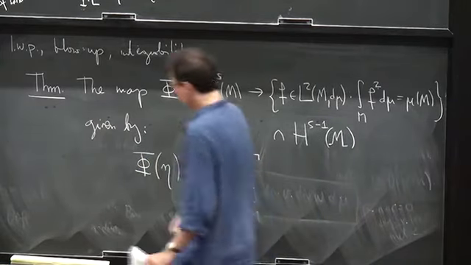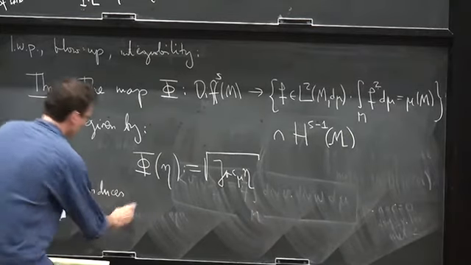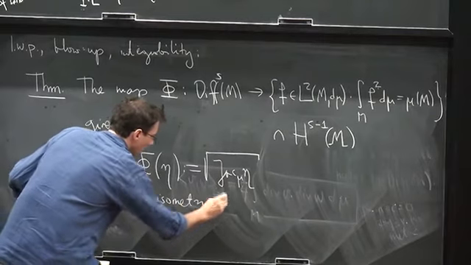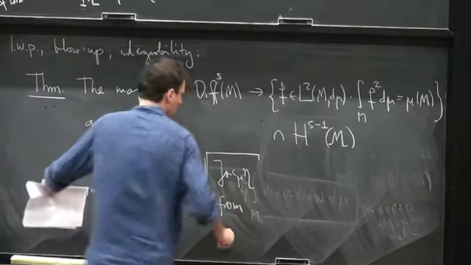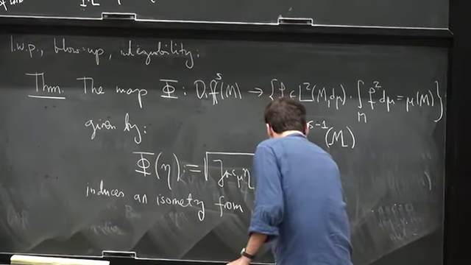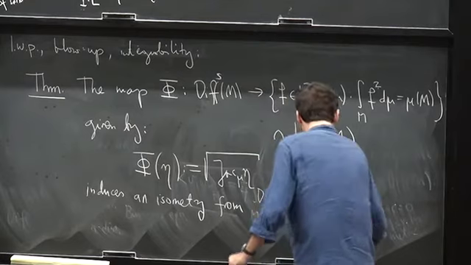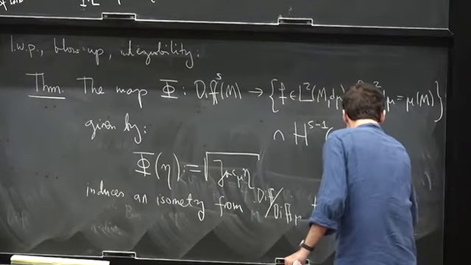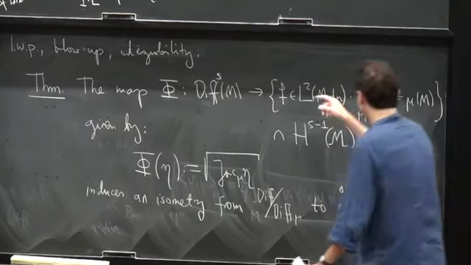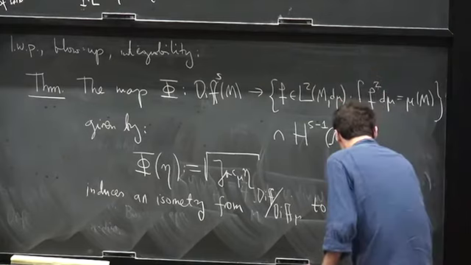This map induces an isometry from the quotient Diff by Diff_μ to an open subset of the sphere in L2, intersected with these H^{s-1} functions.